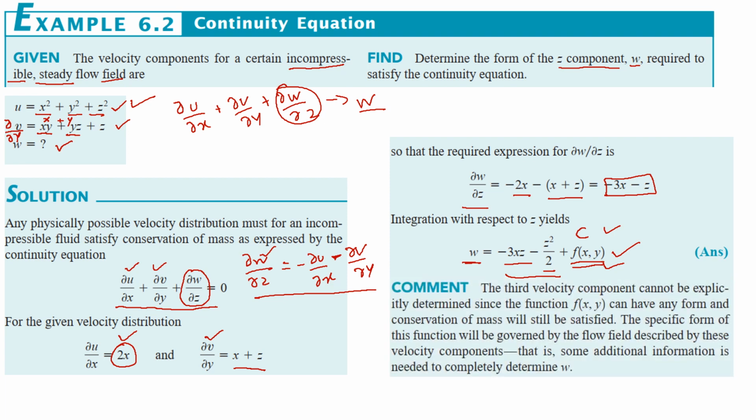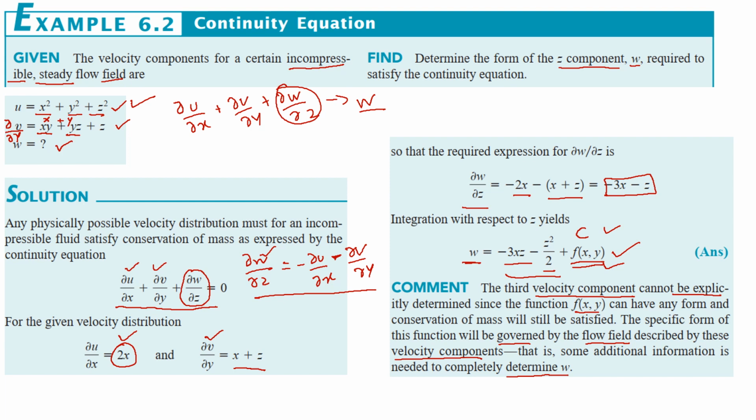So this is what the comment section is also saying, that the third velocity component cannot be explicitly determined since the function, that is f of xy, can have any form and conservation of mass will still be satisfied. So the specific form of this function will be governed by the flow field described by these velocity components. That is, some additional information is needed to completely determine the z component of this velocity and to satisfy this continuity equation.